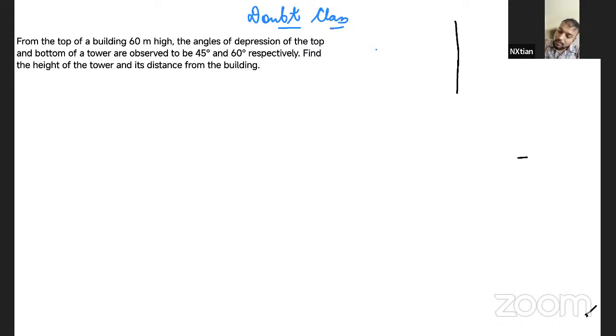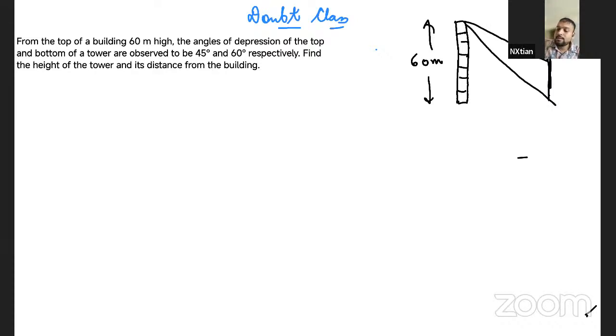Okay, so this is a building which is 60-meter high, and there's a tower. For example, this is the horizontal line, and this is the tower.